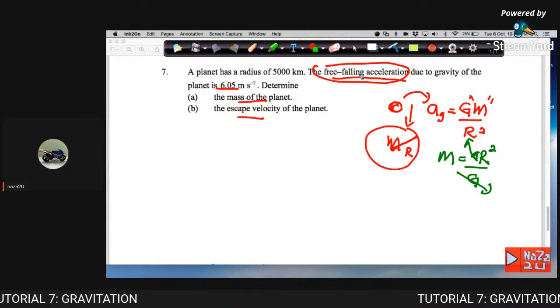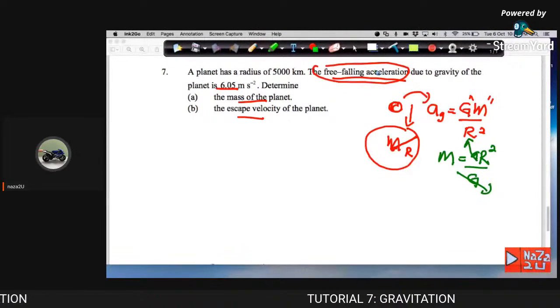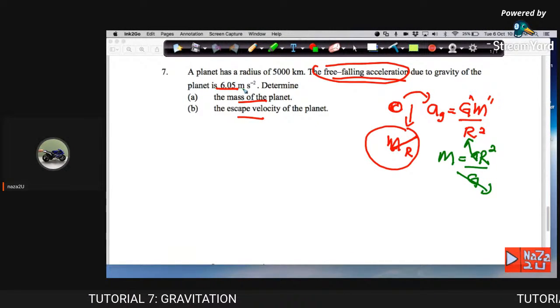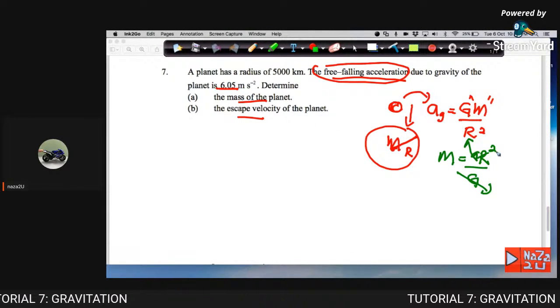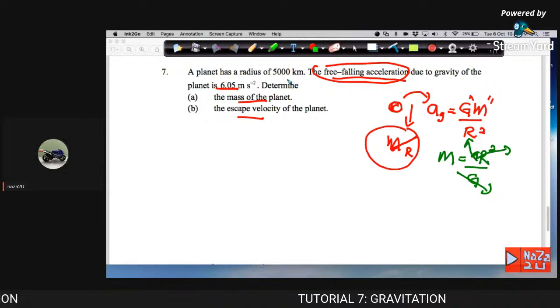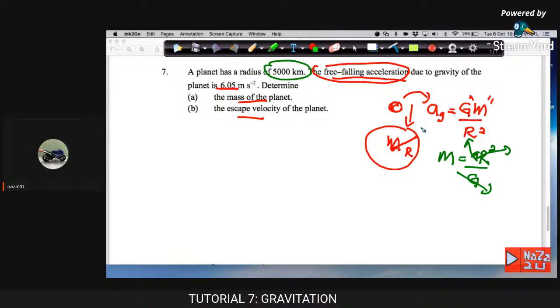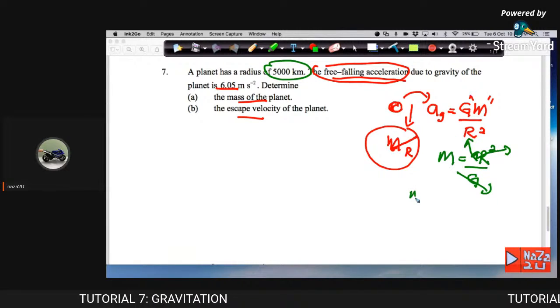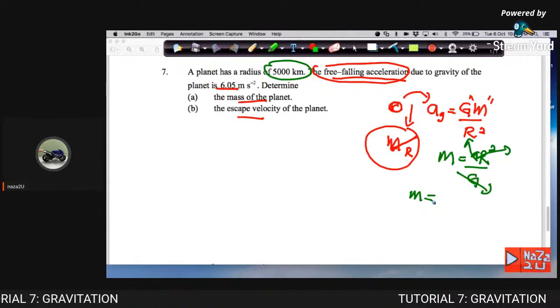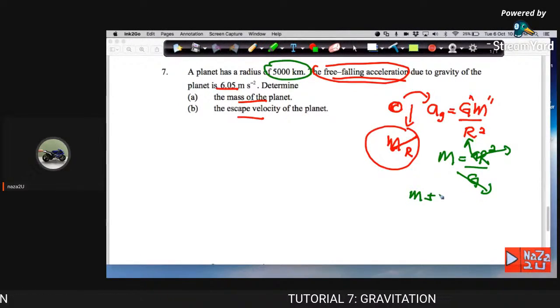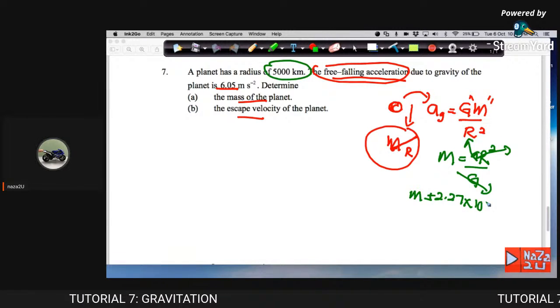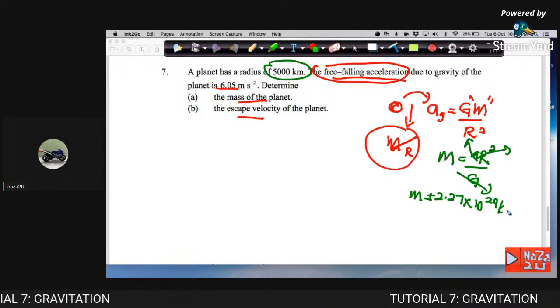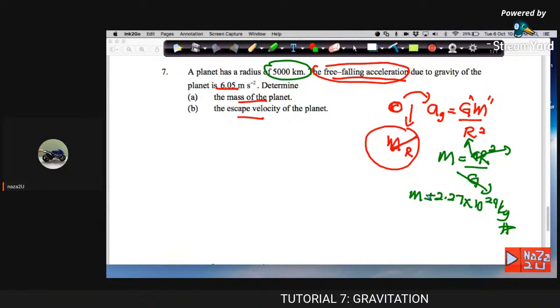Free falling acceleration is given as 6.05 meter per second square, and the radius of the planet is 5,000 km. All the values are given. If I can use a calculator, you can find the mass of the planet is 2.27 exponent 24 kilogram. So this is the mass of the planet.